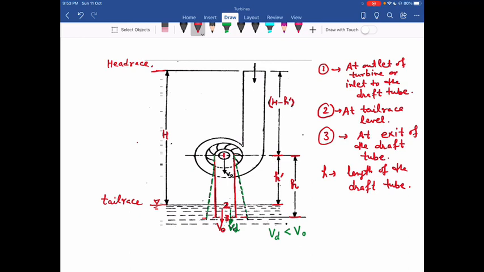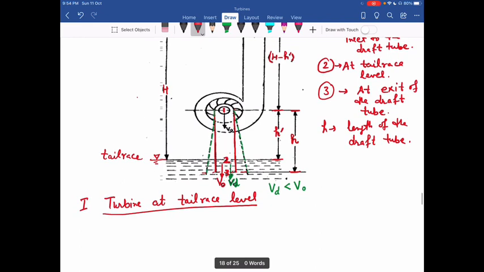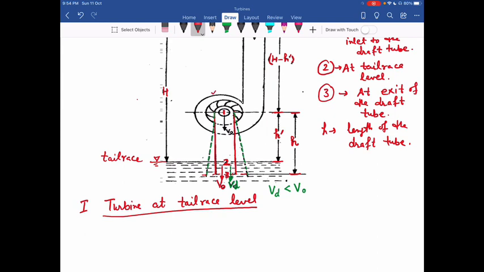Now I see case 1. Case 1 is when I install the turbine at tail race level, that is, at section 2.